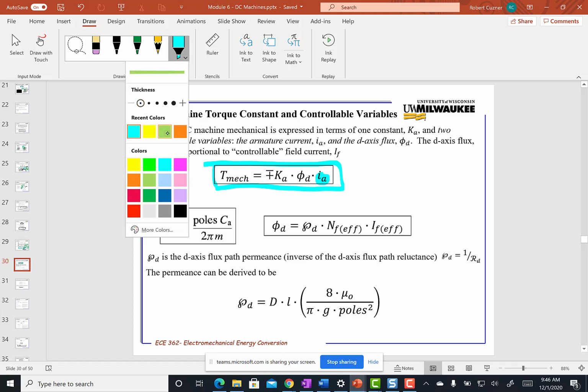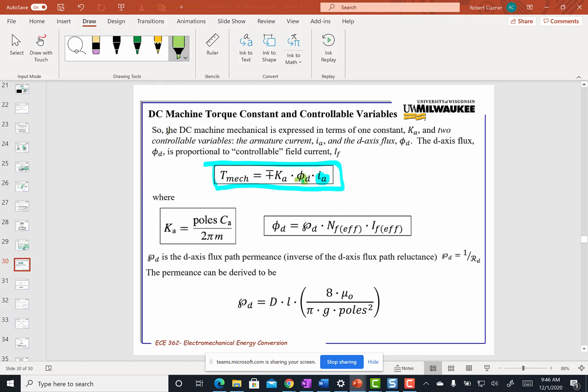This is the field flux in the direct axis. And then you've got this term Ka, which really is like a turns.